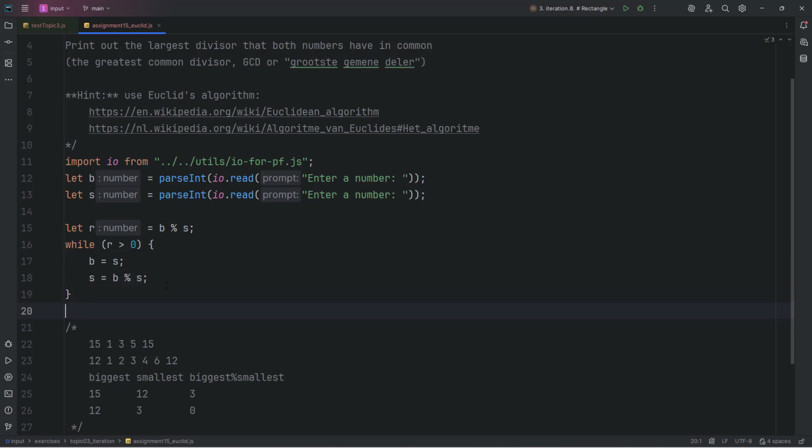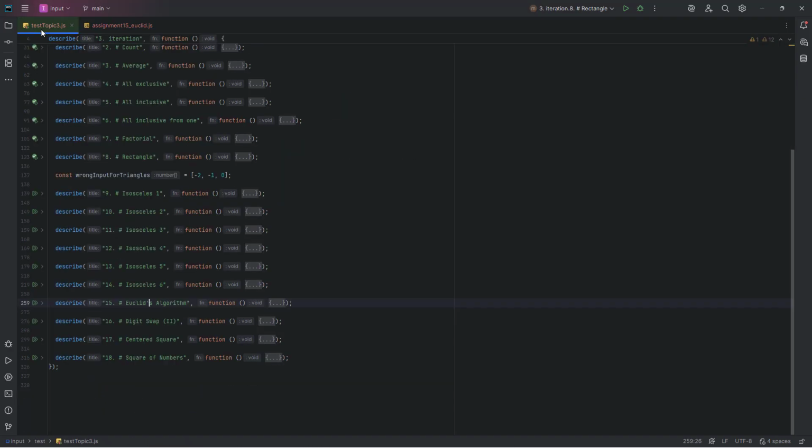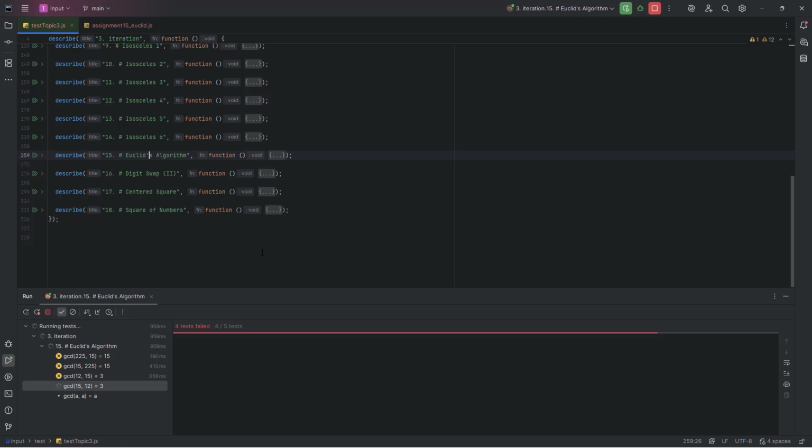Finally, this loop will stop when R becomes 0. So you could say while R is not equal to 0. And then I can just print the smallest one. Let's run the tests to see if I'm good to go.